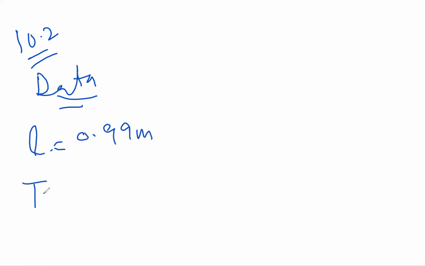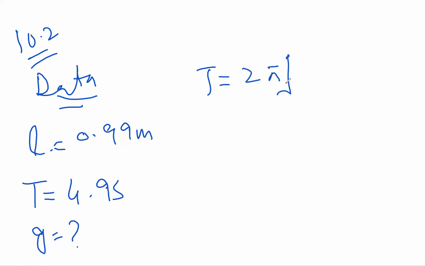Time period is 4.9 seconds. What is the value of g on the surface of the Moon? Now T is equal to 2 pi under root L by g.